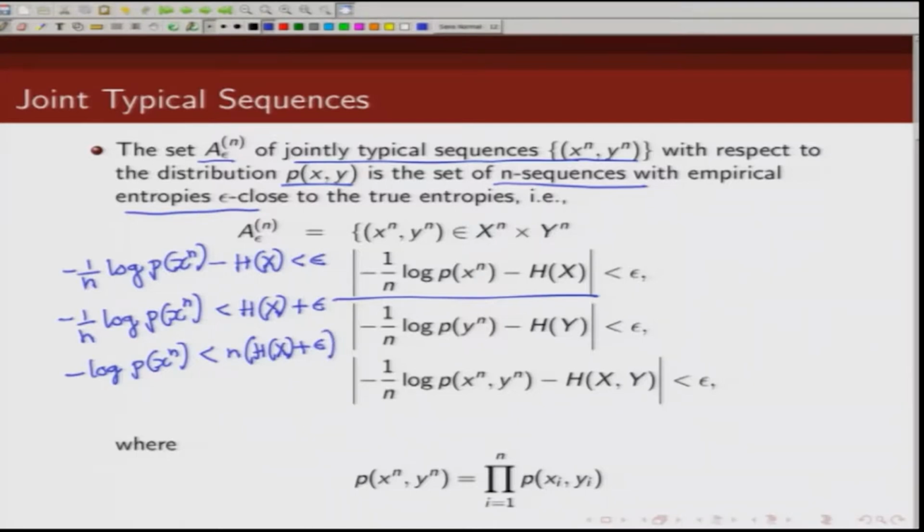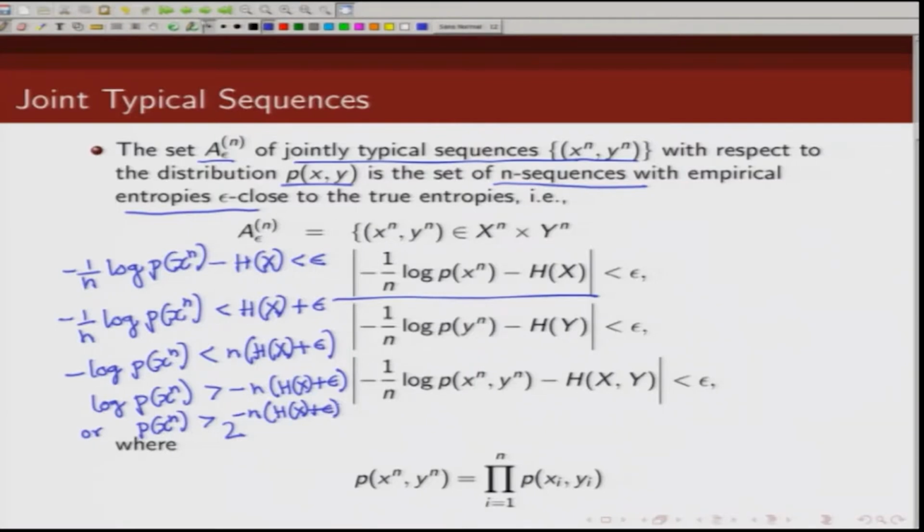If we multiply both sides by minus 1, we get log of P of x^n to be greater than minus n times H of x plus epsilon, or P of x^n is greater than 2 raised to power minus n H of x plus epsilon.